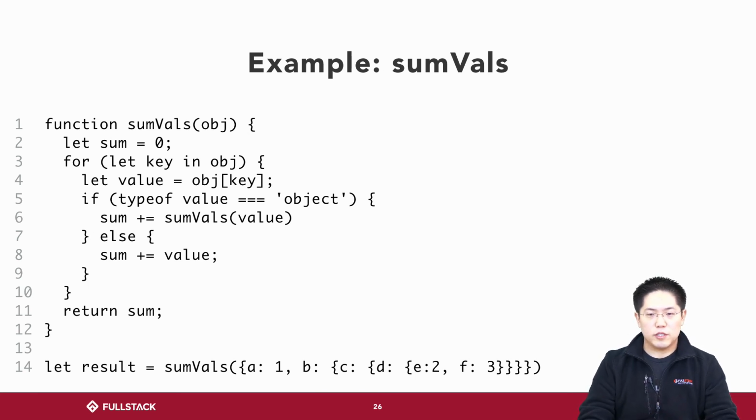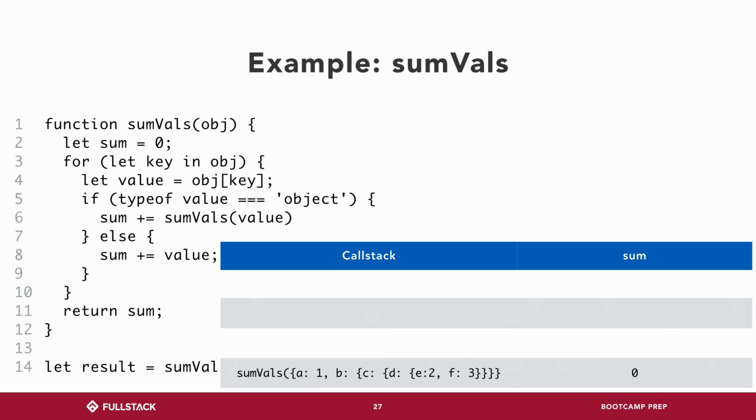So here, let's look at the call stack, and we can look at each level. We'll start with sumVals of the whole thing. Sum is 0. Then we add 1, because the first thing we get is A, and A gives us the value of 1.